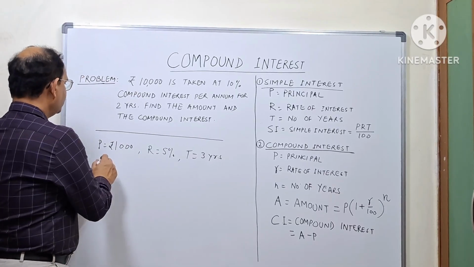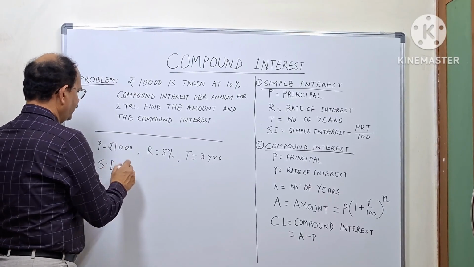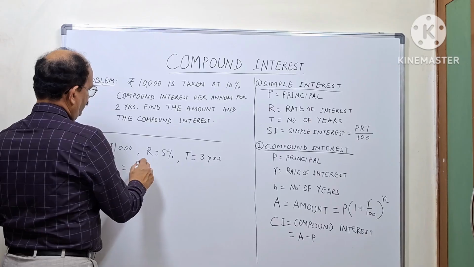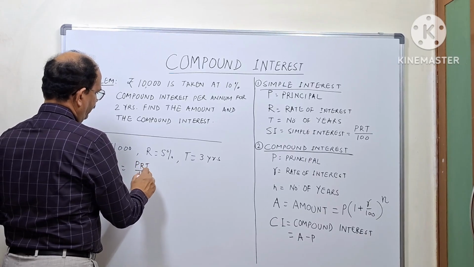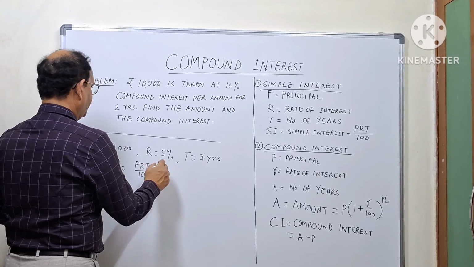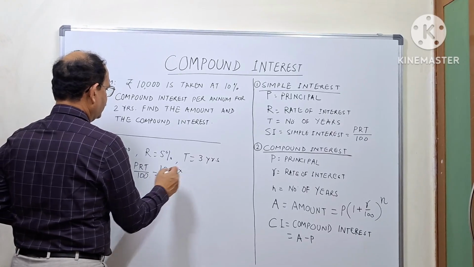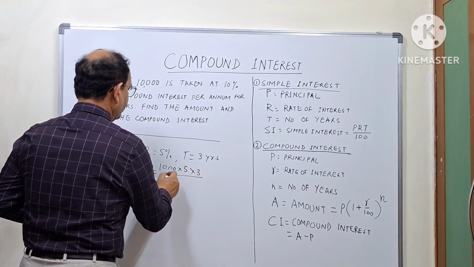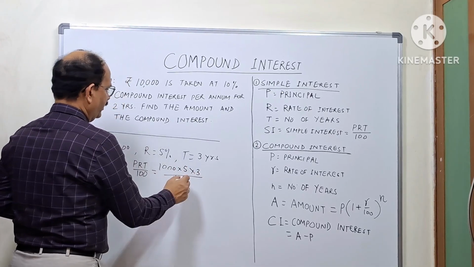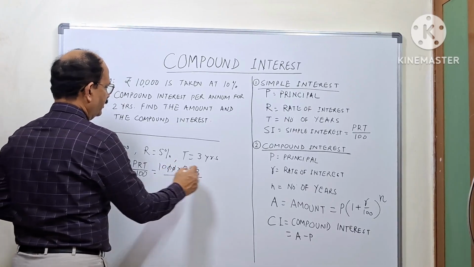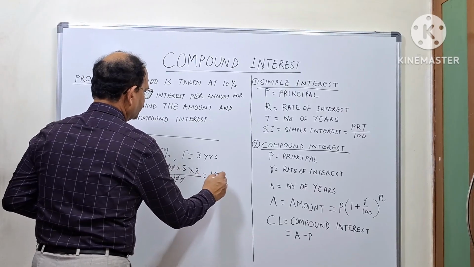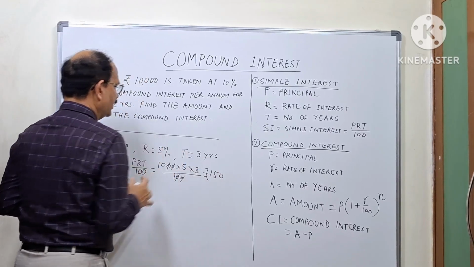So the simple interest which you will earn is P into R into T divided by 100, where P is 1000, R is 5, T is 3, divided by 100, and therefore you are going to earn an interest of 150 rupees. That is simple interest.